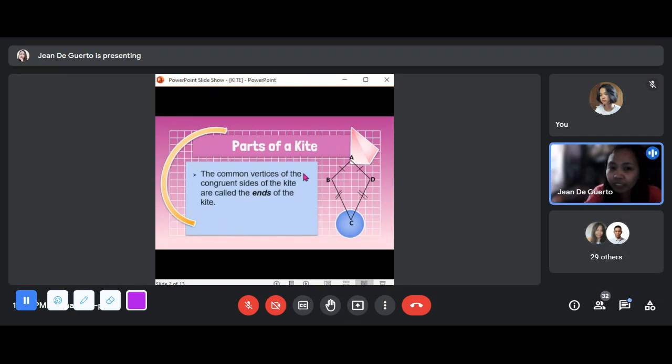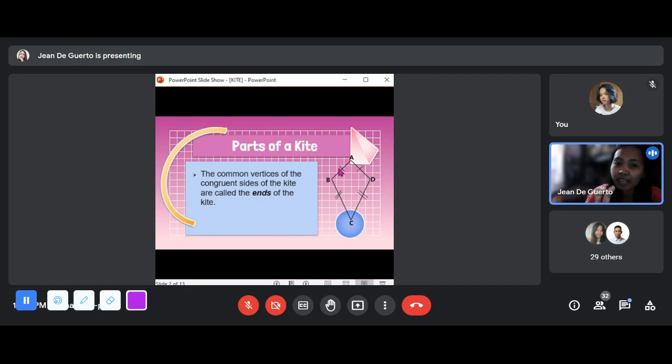The common vertex or the common vertices of the congruent sides of the kite are called the ends of the kite. So, since meron tayong dalawang pares ng adjacent congruent sides, we also have 2 ends.